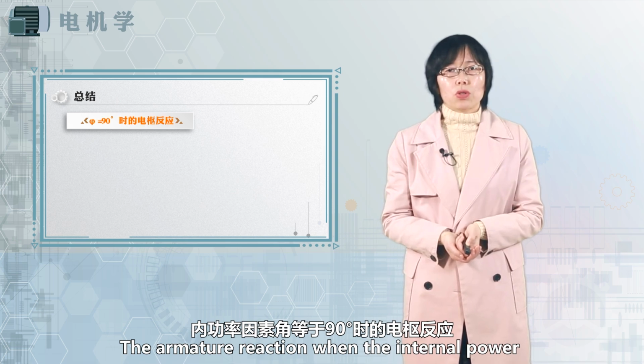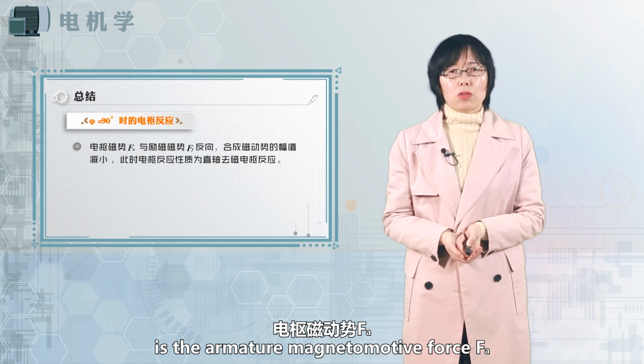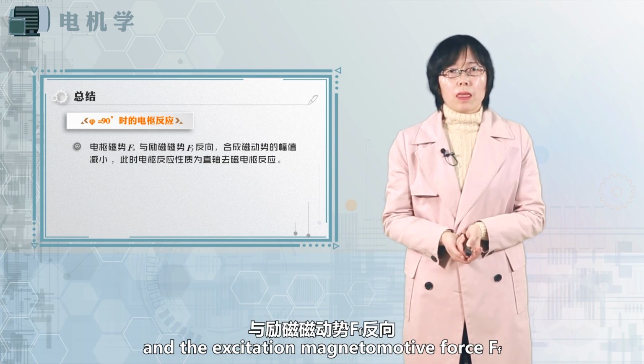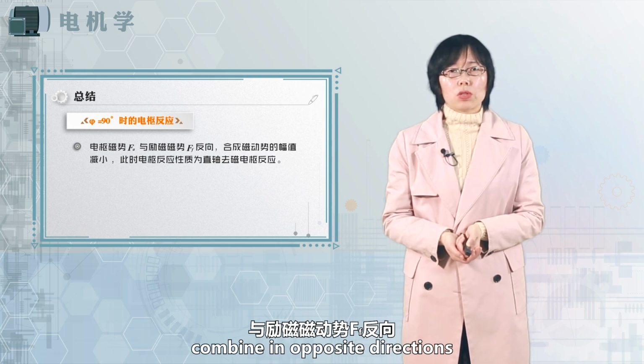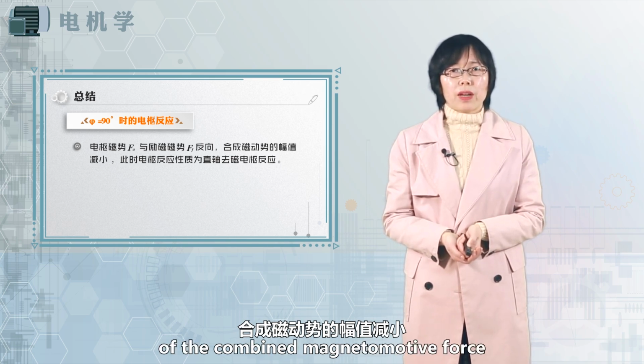The armature reaction when the internal power factor angle is 90 degrees is that the armature magnetomotive force, Fa, and the excitation magnetomotive force, Ff, combine in opposite directions, reducing the magnitude of the combined magnetomotive force.